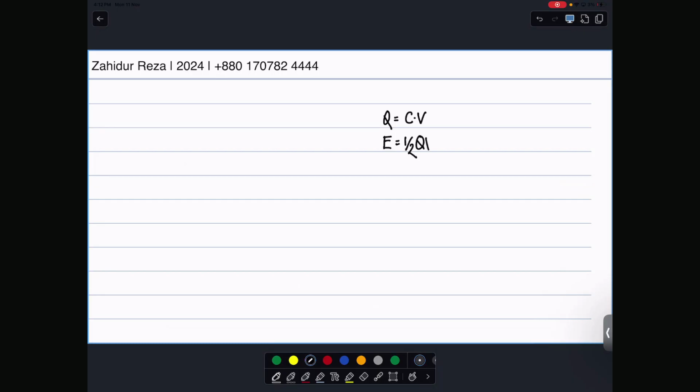Half QV or half CV squared or half Q squared by C. These define the properties of a charged capacitor. So if it's fully charged, you can apply these. But if it's not fully charged, you can't apply this, because that's in the process of charging, right?